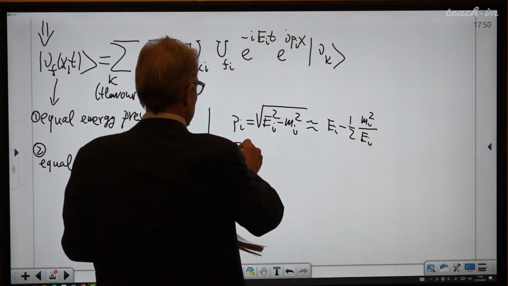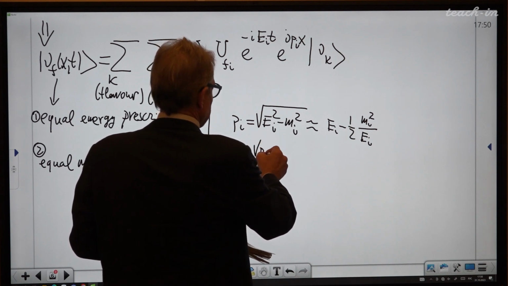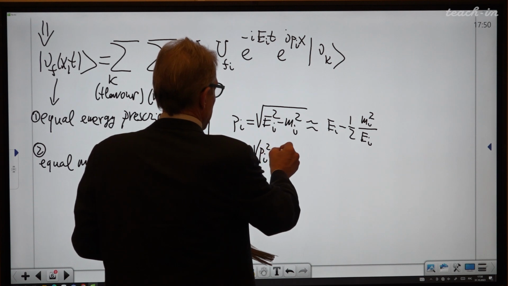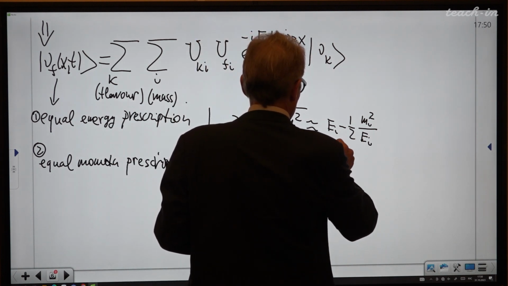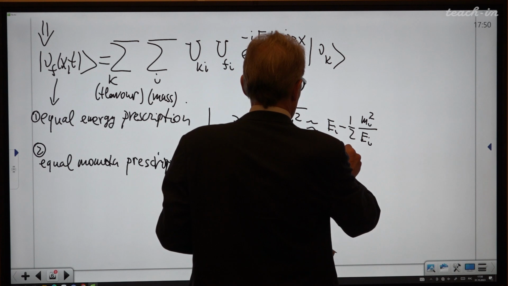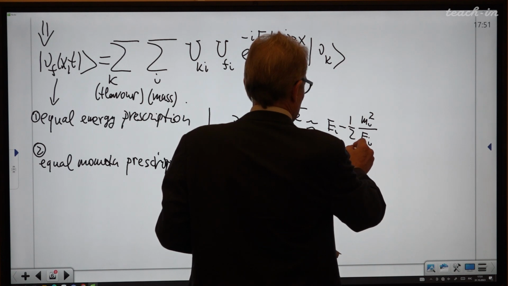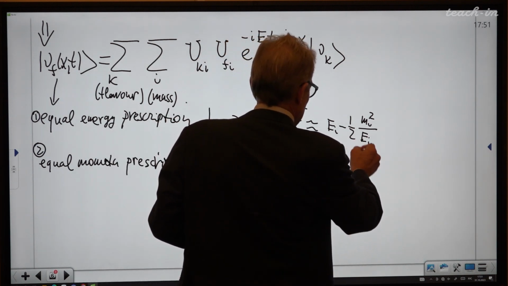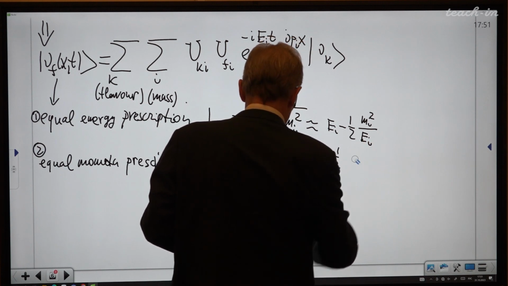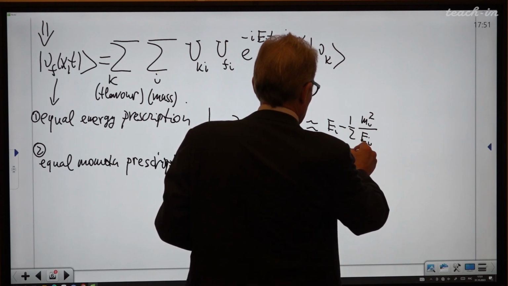And in another prescription, we should expand the energy, that is equal to p_i plus one half mass squared divided by momentum.